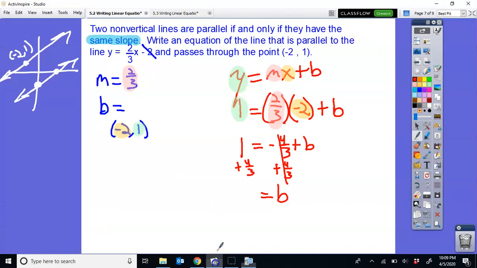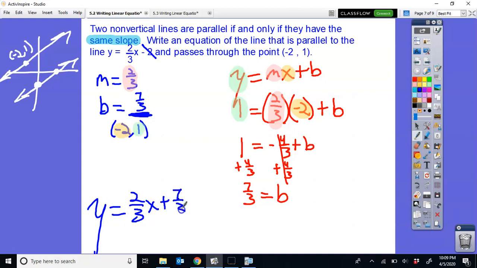That is 7/3. So there's my b value. So now I know what my b value is. So my m is 2/3. My b is 7/3. So my equation would be y equals 2/3 x plus 7/3.